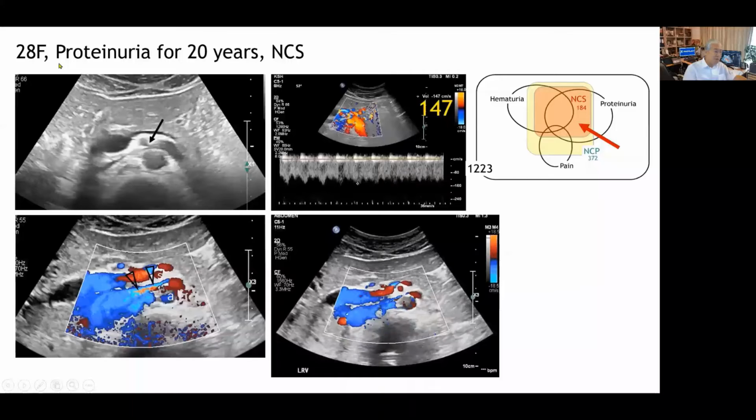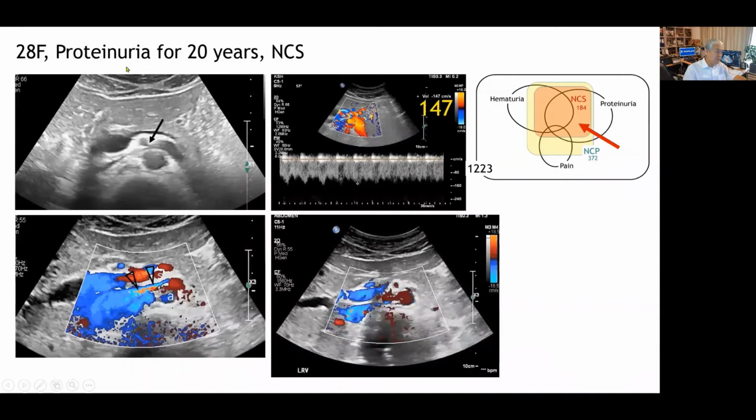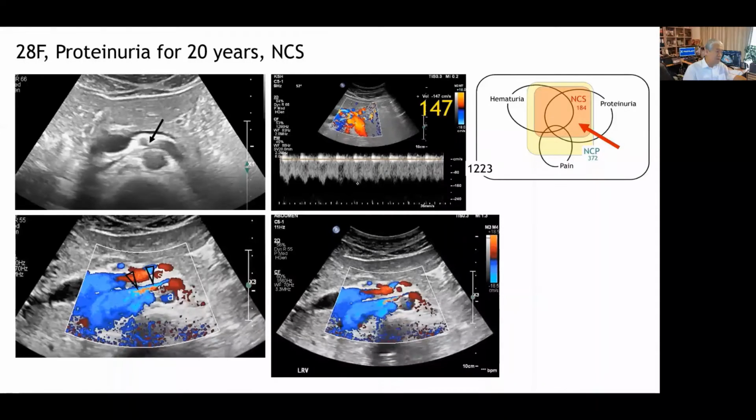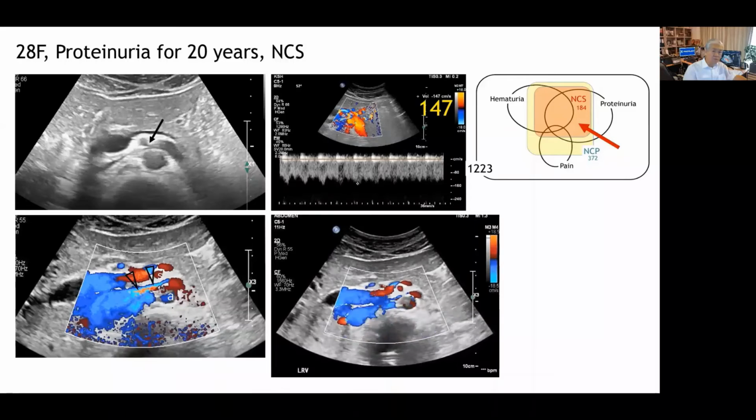This is a 28-year-old woman who was found to have proteinuria for 20 years, so from childhood, without a clear diagnosis for her proteinuria.